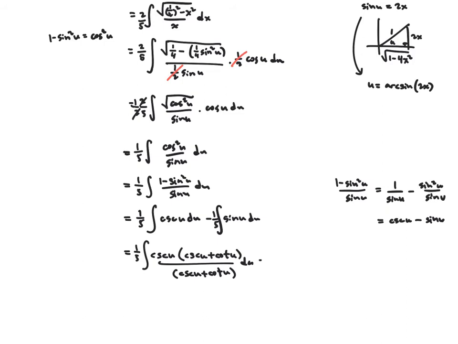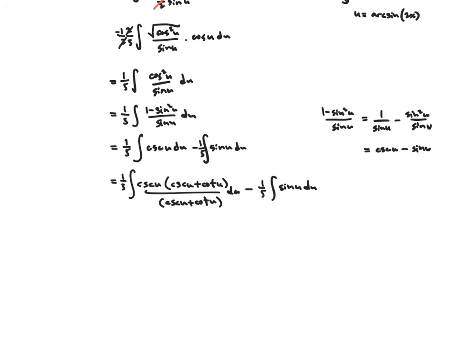And then, of course, tag along the 1/5 sine of u du. All right, so in our integral here on the left, I'm going to do a u sub, actually a double u sub, and write w equals cosecant of u plus cotangent of u.